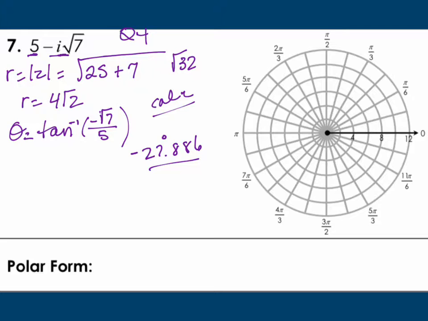But let's go forwards, because I want the whole positive one. So I would take 360 and subtract that, so I would really add the negative.